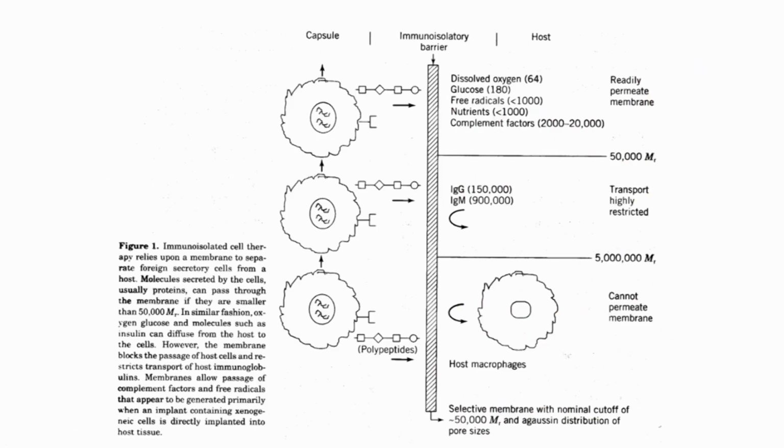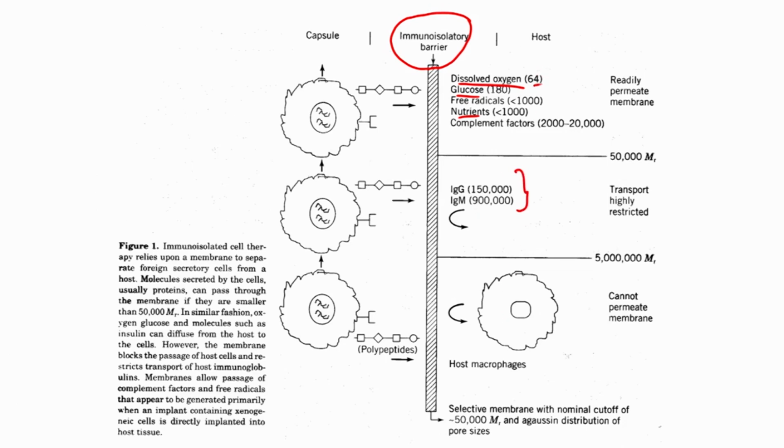Okay, so this is just a pictorial representation of what I mentioned. You have some kind of barrier, it could be polymeric, it could be something else. This barrier will allow, let us say, dissolved oxygen, glucose, some free radicals, nutrients and complement factors to go through, but it will not allow big molecules like antibodies.